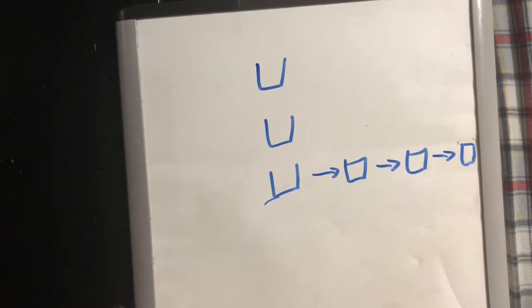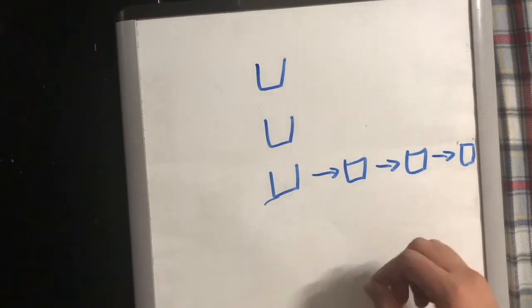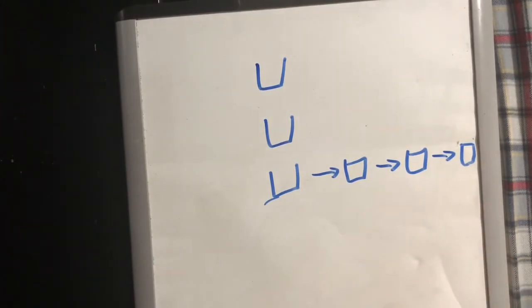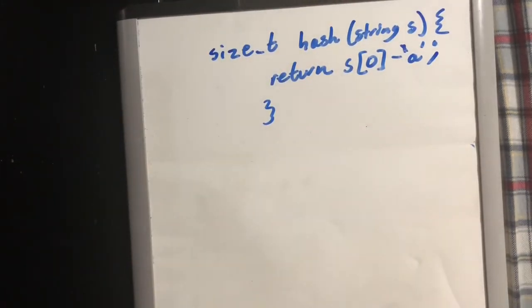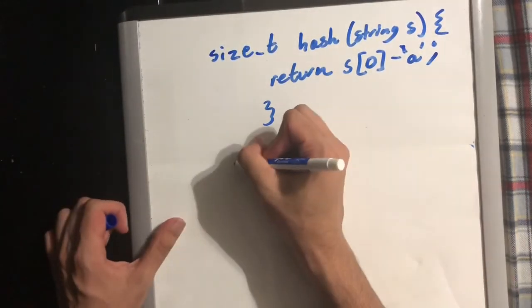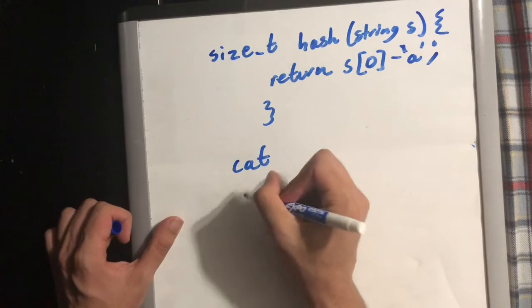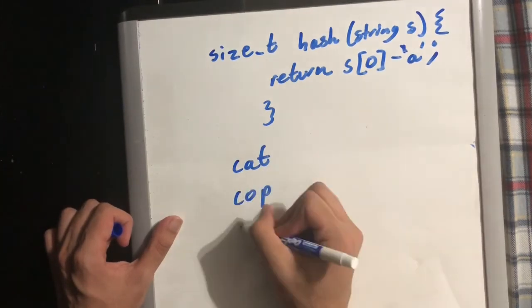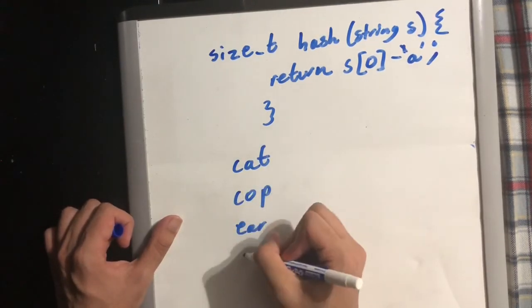So what we do instead is use a different type of approach, open addressing, where we iterate to a different bucket to find out where it goes. Now going back to our old hashing function, we can see how we can use open addressing. Suppose we're given 4 words: cat, cop, ear, and cart.